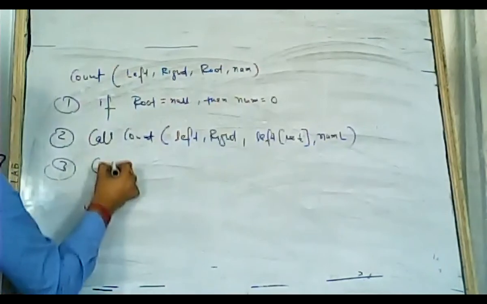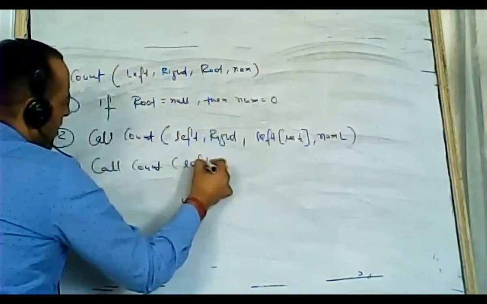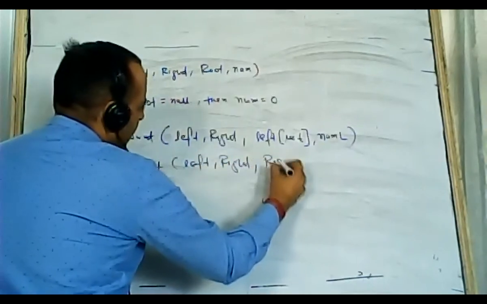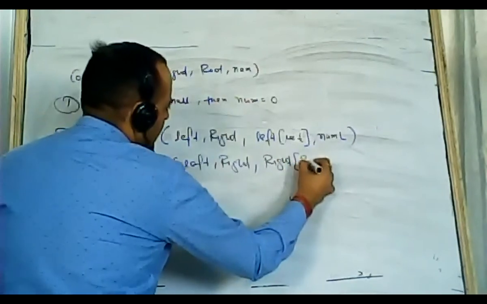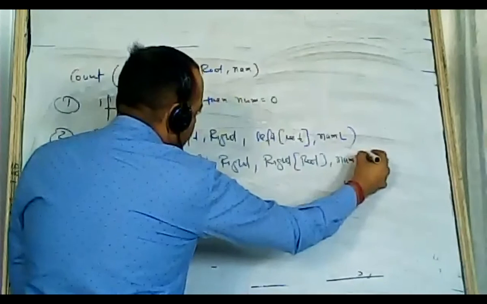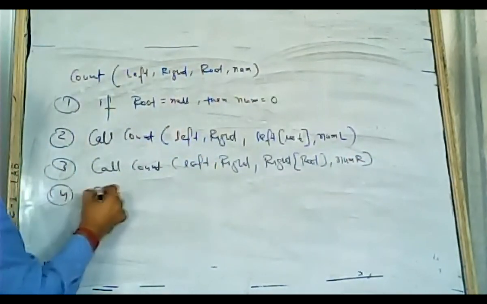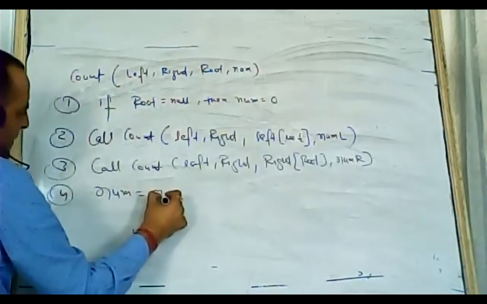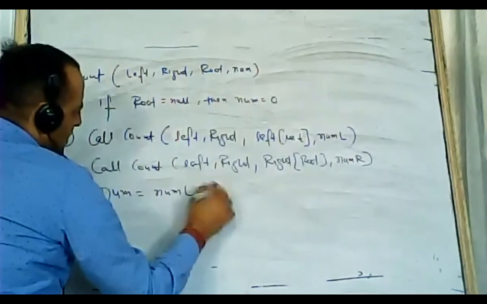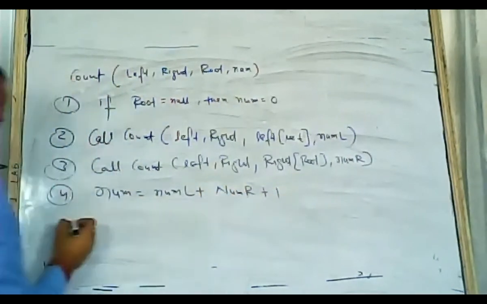Similarly, I will call count for right of root, and num R will be the number of nodes in the right. And the total number of nodes will be the number of nodes in the left plus the number of nodes in the right plus 1 for the root.